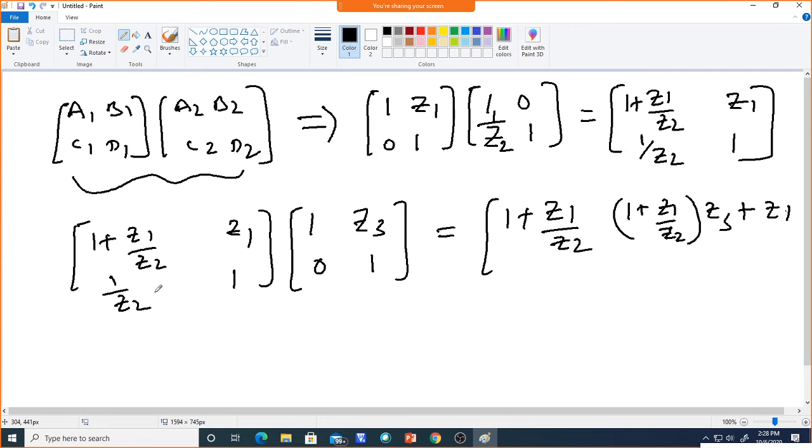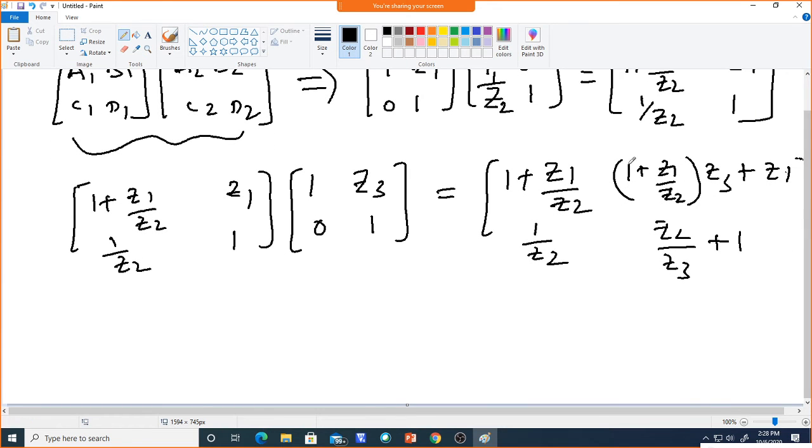So now the second one, 1 over Z2 into 1. It is 1 over Z2. 1 into 0, 0. It is 1 over Z2. So now this one, Z2 by Z3 into 1. So that is plus 1. So are you getting it? Anybody who didn't get this one?